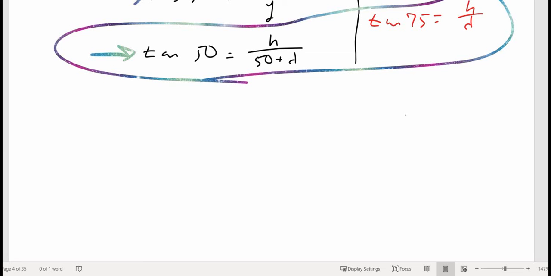Focusing in on this equation, I could multiply both sides by d. And then I have that situation that I wanted: a variable equals other stuff, just like the y equaled.